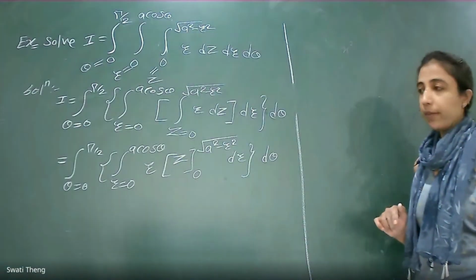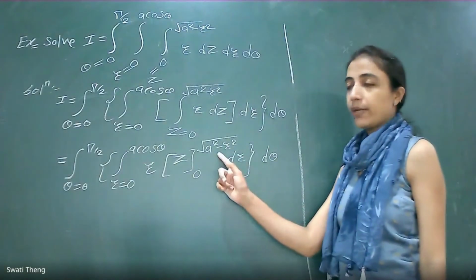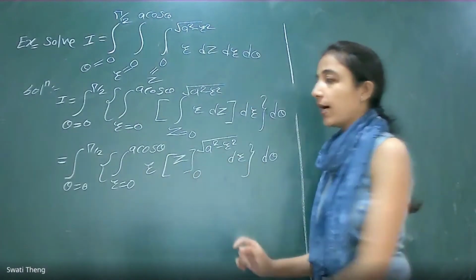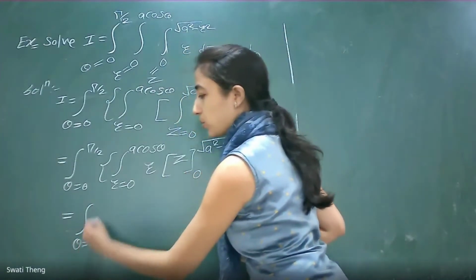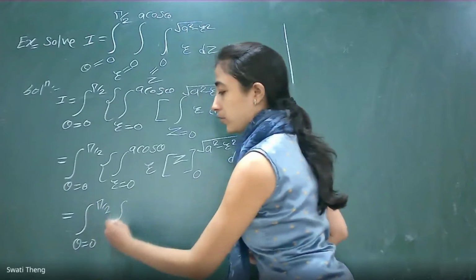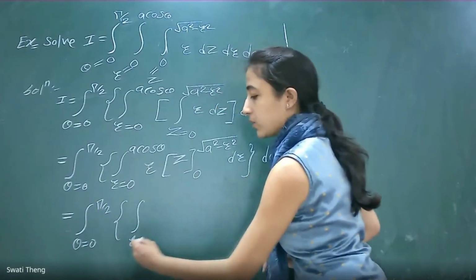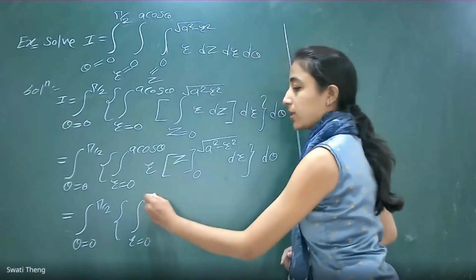If you put upper limit minus lower limit, upper limit is under root of a square minus r square. So here theta equals 0 to pi by 2. Next r equals 0 to a cos theta.